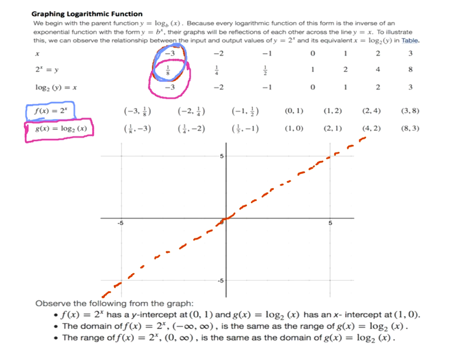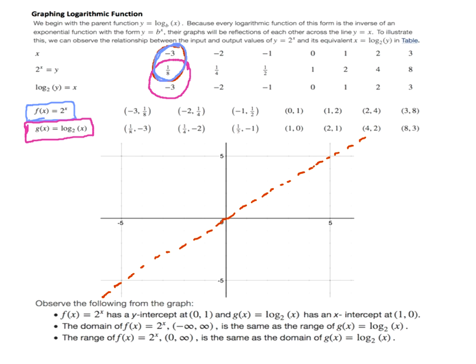So I'll go ahead and graph my exponential function 2 to the x. Notice that I have to have the same base if I'm talking about inverse functions. So my exponential function is base 2 raised to the x power, whereas my logarithmic function is log base 2 of x.